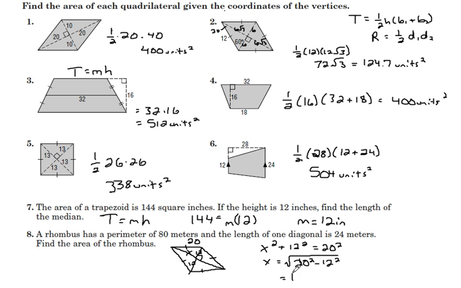Comes out to 16. So x is 16. The formula for area of a rhombus is 1/2 the diagonal 1, which would be 24, times the other diagonal, which would be 32. 1/2 of 24 times 32 comes out to 384 square units.